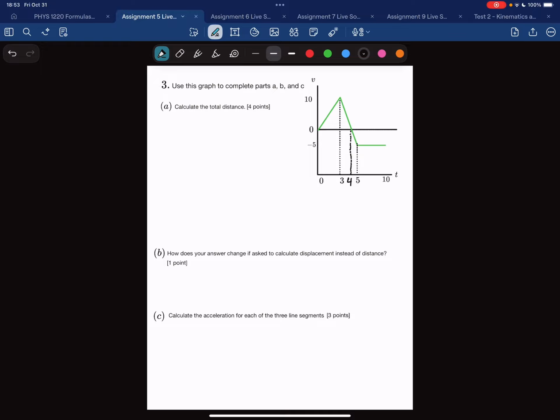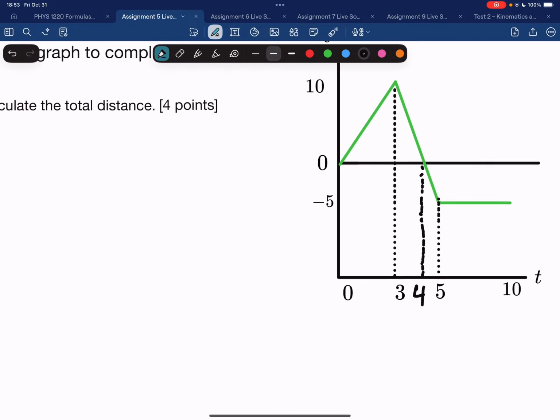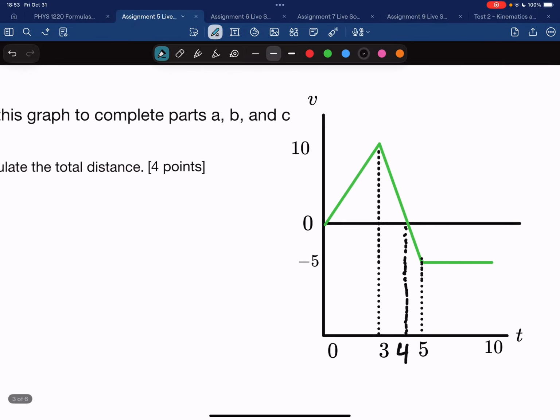So, if you take a good look at our velocity time graph here, and I'm going to zoom in closely, you will see we have area A, B, area C is this small little triangle right here, and then area D is our rectangle.